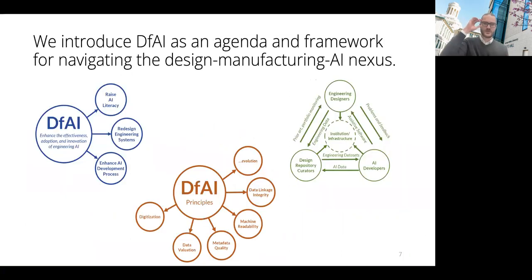We introduced the DeFi framework as an agenda and a framework for safely navigating the design, manufacturing, AI nexus, this combination of disciplines. We want to make sure that people can take advantage of AI and machine learning for design and manufacturing, but do it in a way that is safer and less risky.